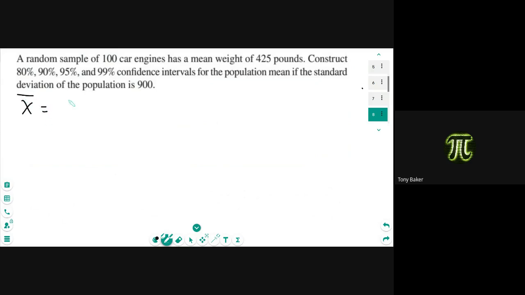We need X. We need our Z, which is our confidence or our critical value, and that comes from our confidence interval. We need our standard deviation. And we need our N.